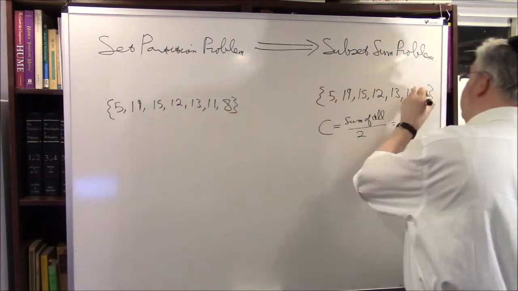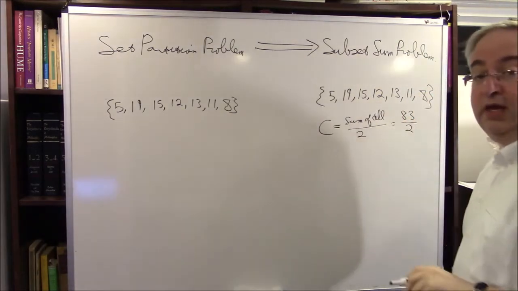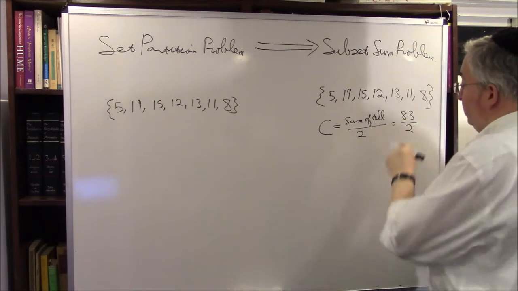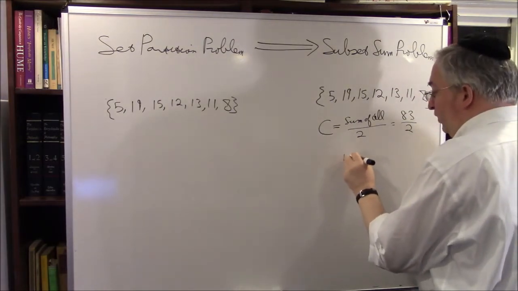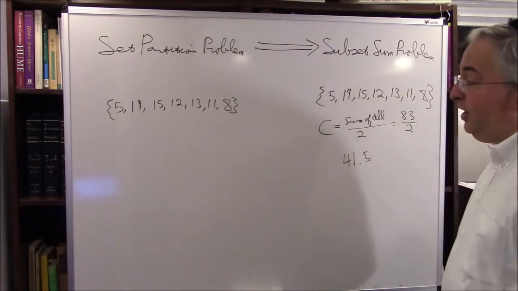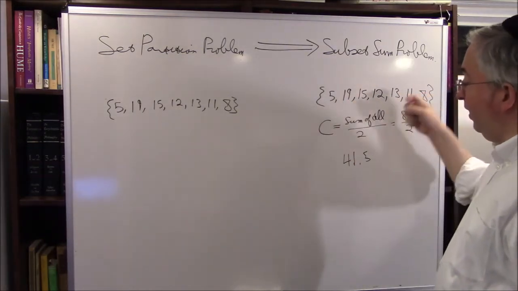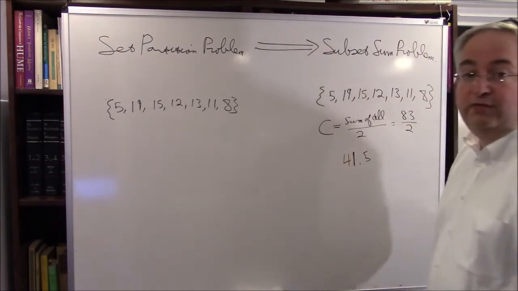This went from 7 to 8. 83 divided by 2 is 41.5. Question: are you going to find a subset of these numbers such that it's exactly equal to 41.5?